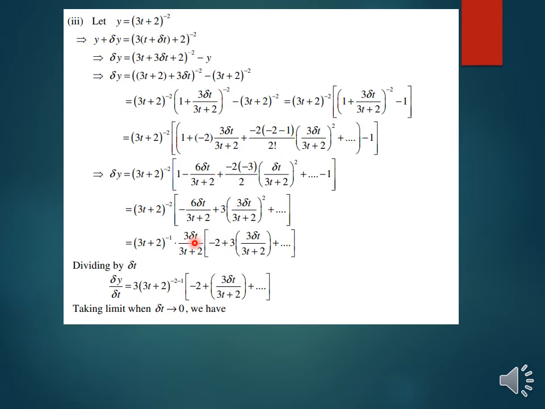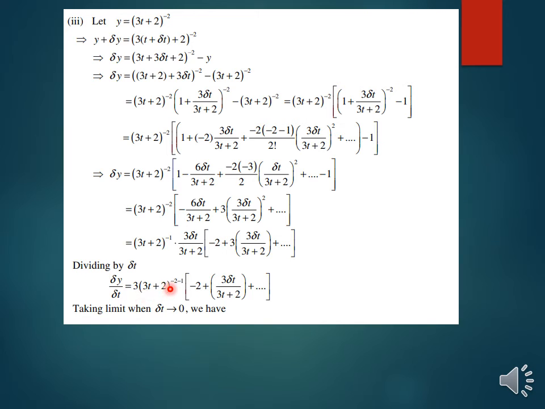So student, in the next step we take 3 delta t divided by 3t plus 2 common in the whole bracket. If we take it common, then here only minus 2 is left, and here only 3 delta t upon 3t plus 2 with power 1 is left, because in the previous step here we had a square. So if we take one term as common, then only power 1 is left. In the next step we divide by delta t.